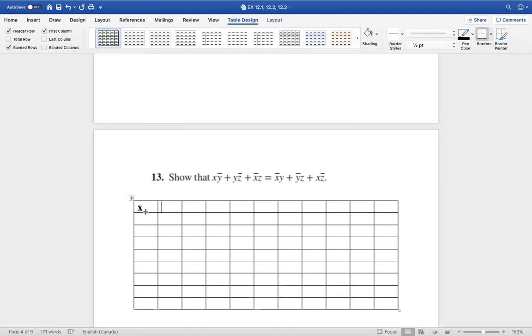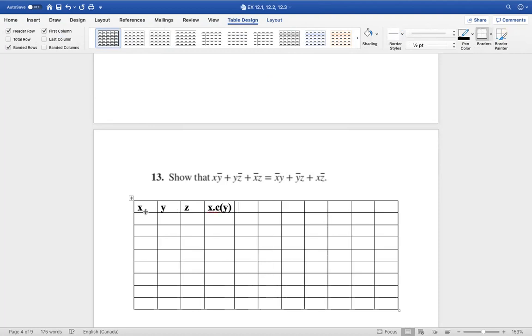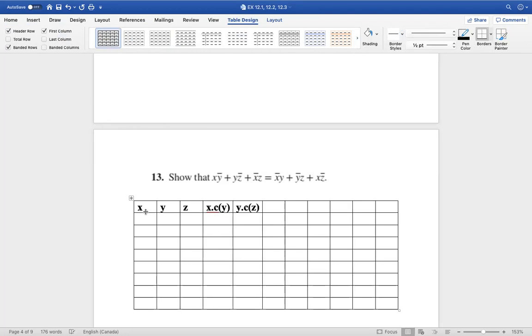So we have x, y, z, and then we can have x dot complement of y, and then here we can have y dot complement of z.